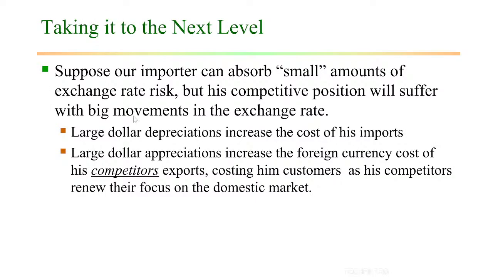And we could take it to a higher level. Some of the importers could absorb certain risks. So they want to keep both the upside and downside profit. So if there are wild movements, they hope they can make a profit.